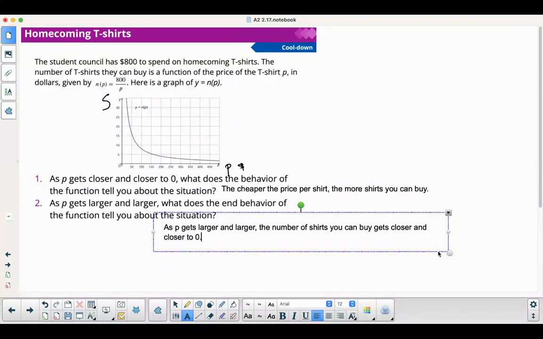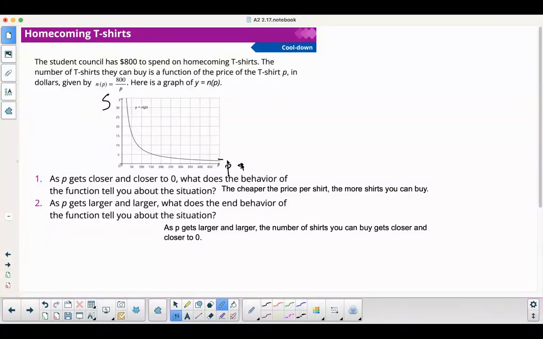Notice I didn't say smaller and smaller because that would imply that I would maybe be going negative. So I'm just going to say it gets closer and closer to zero because you can see it flattening out. It's not going to cross this line here, past the x-axis. I'm not going to get smaller and smaller. I'm going to get closer and closer to zero. Okay, so there you go.